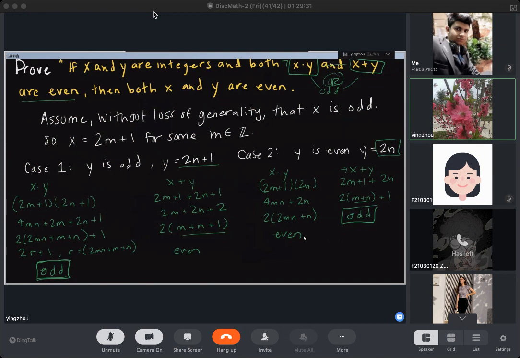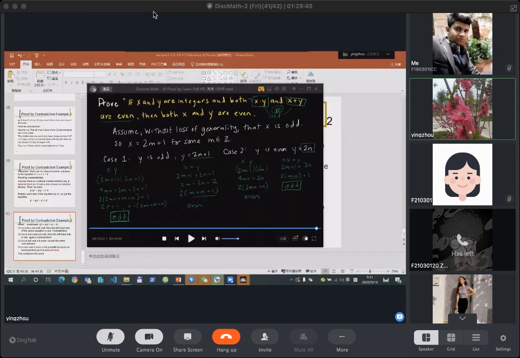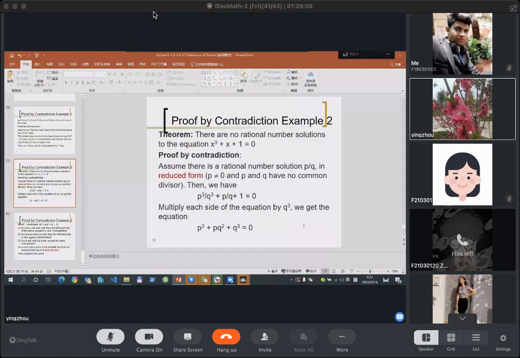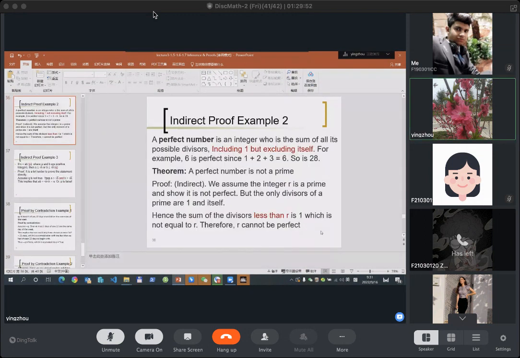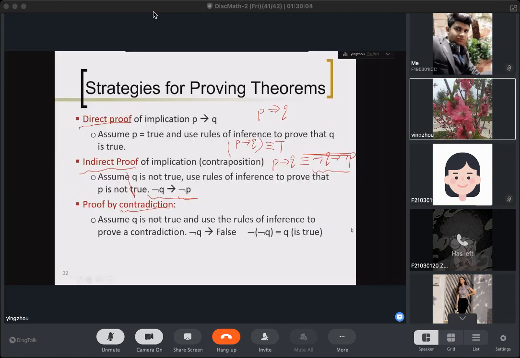Especially not only in mathematics or computer science, but maybe in physics or any other course, using this logical expression gives you different ways of proving. So this is just an example of direct proof or indirect proof, or sometimes contradiction.